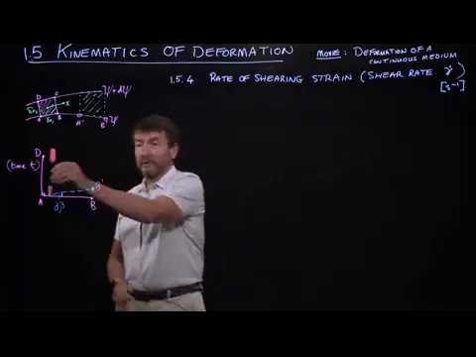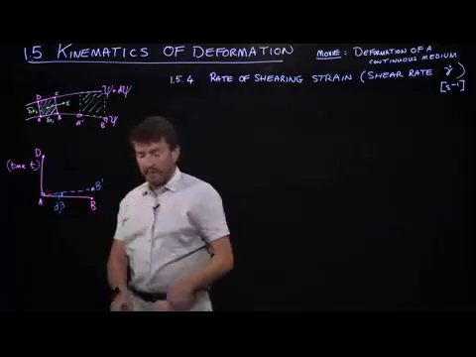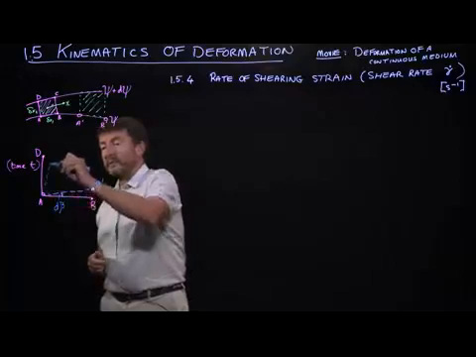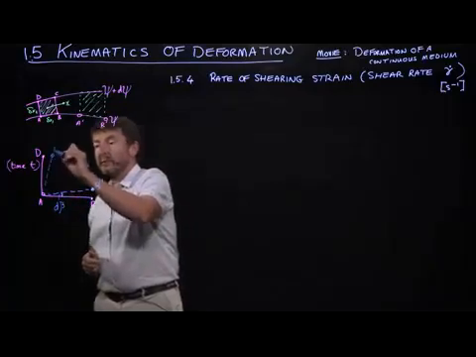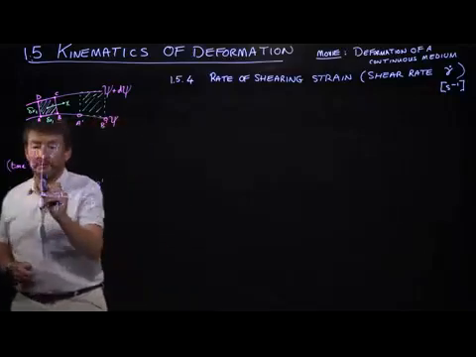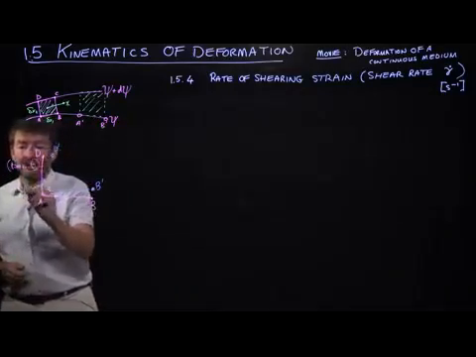Similarly, this material point here might also have moved or might be rotated, and so we might also be interested in that it might have gone to a point D primed, and this angle we'll refer to as d alpha.